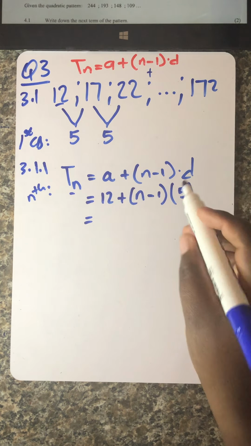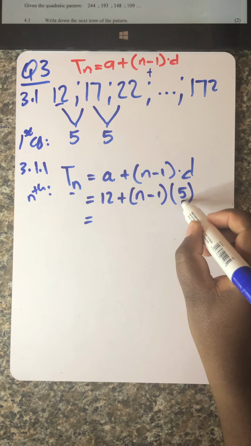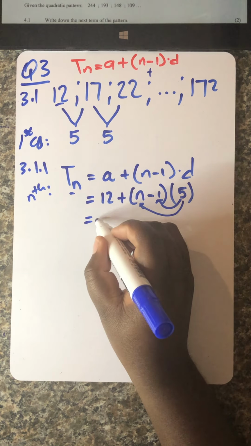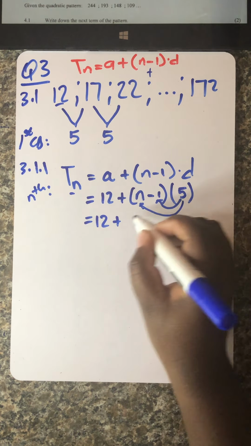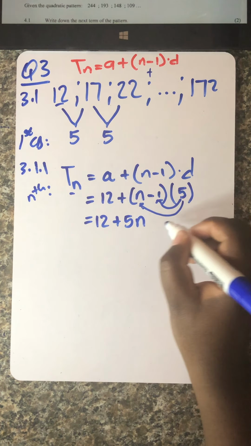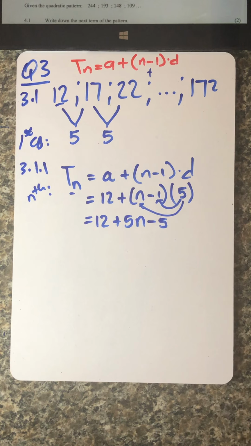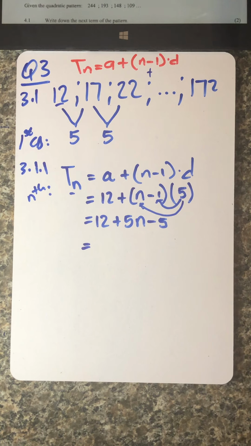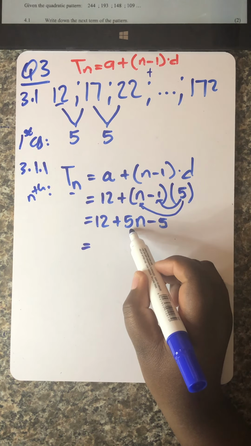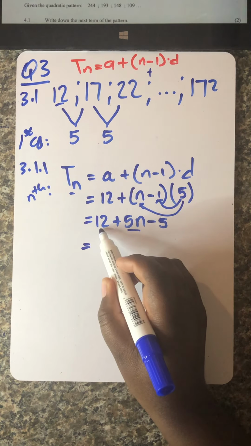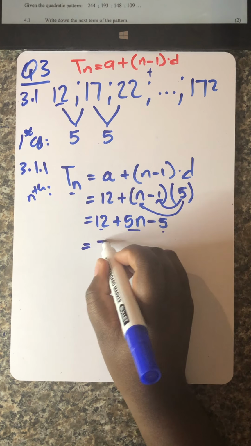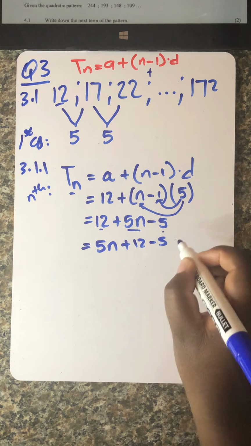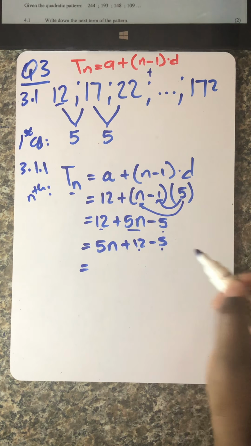So ladies and gentlemen, you multiply that 5 by n, you multiply that 5 by 1. So you obviously have 12, plus 5n, minus 5. Very, very important, guys. So when we simplify this, we've got 5n, and we also have 12 minus 5. 12 minus 5 is equal to 7.